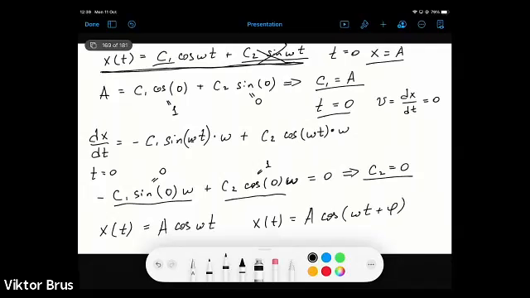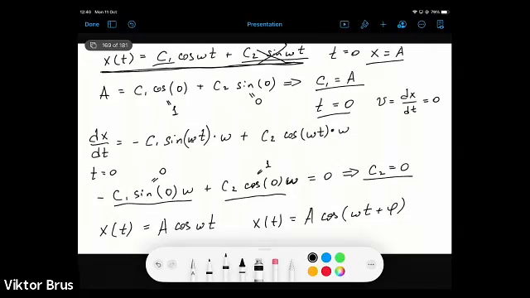So phi is some phase constant and it takes into account cases when our oscillation doesn't start from the displacement equal to A, but a bit smaller displacement.